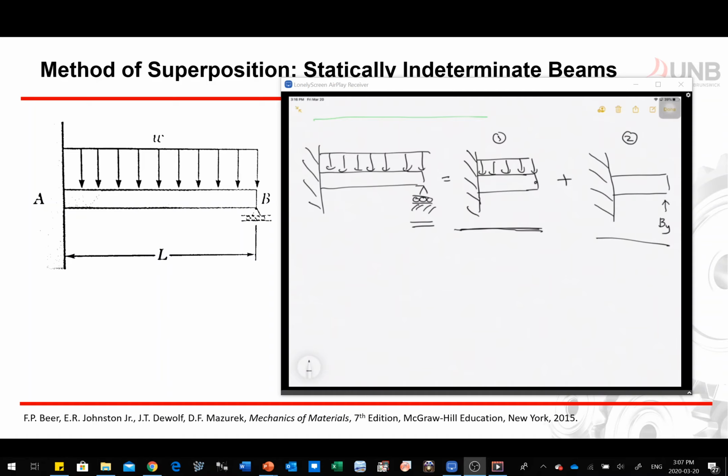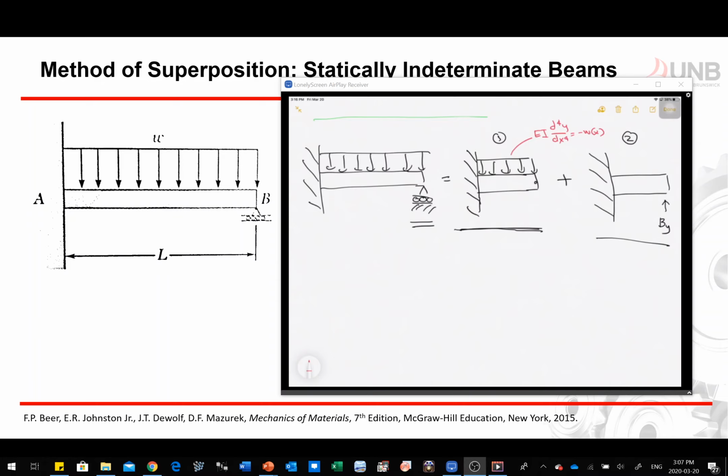We have a distributed load, so we can use the fourth order differential equation. In this case, EI d^4y/dx^4 is equal to negative w as a function of x. We're going to get the equation of our elastic curve.